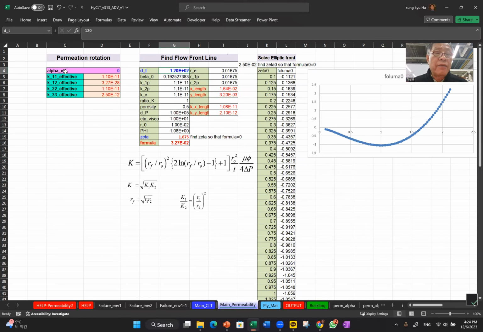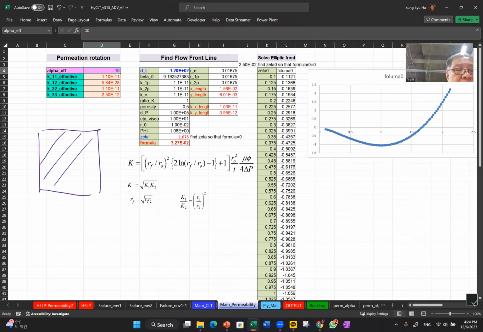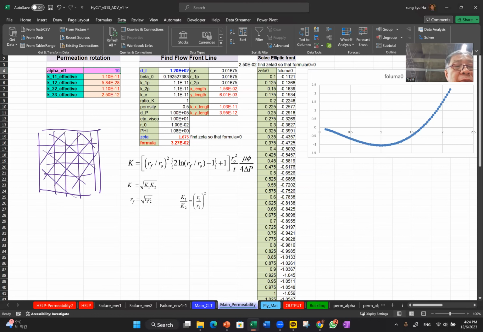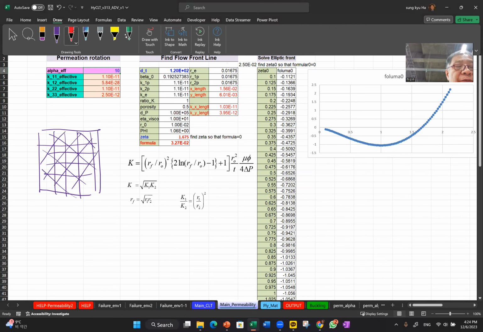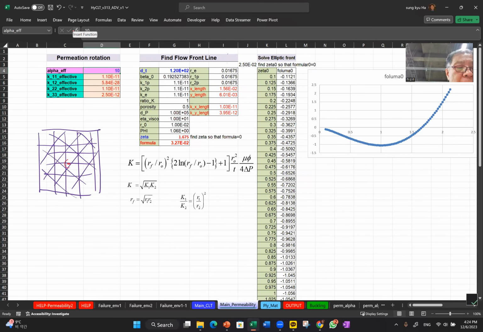So for a given angle, what it means is that you have a certain layup sequence, whatever layup sequence you have, and the resin will flow from the center, and the flow goes like that.